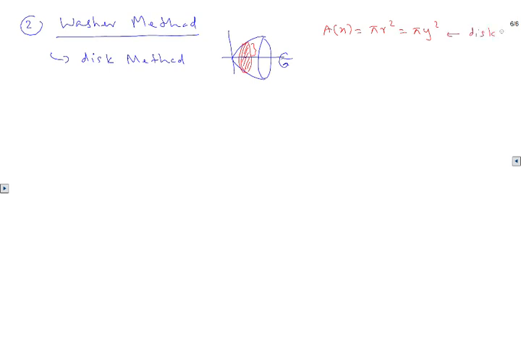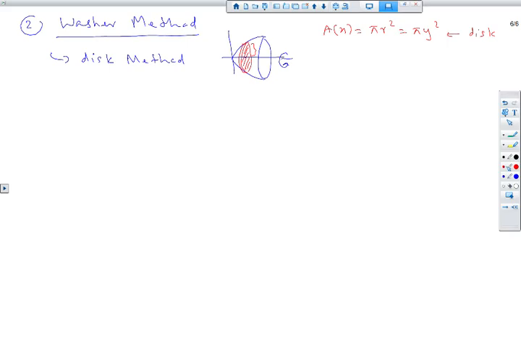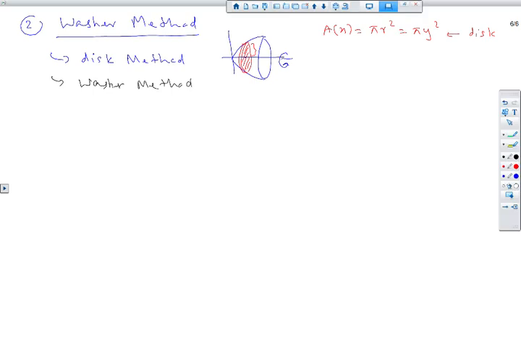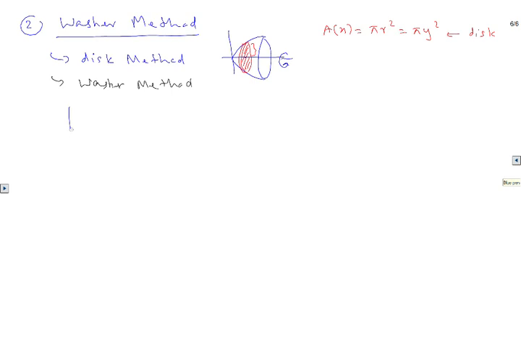Now we have the second method, what we call the washer method. So how do we figure out which method we can use? Let's look at a typical situation. Let's say you have not one curve, but two curves.